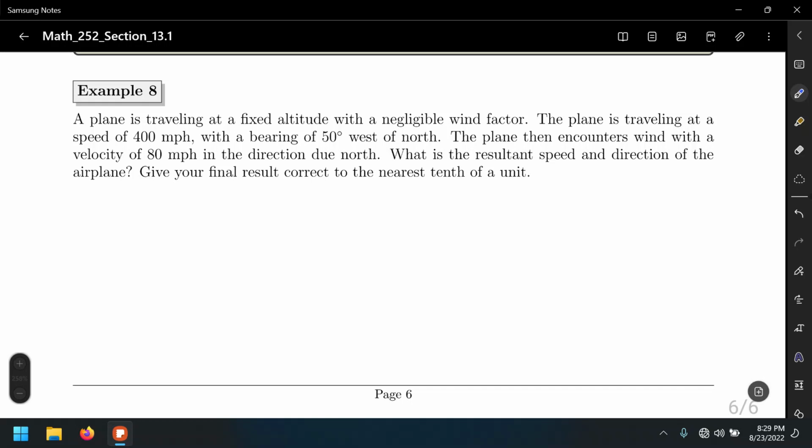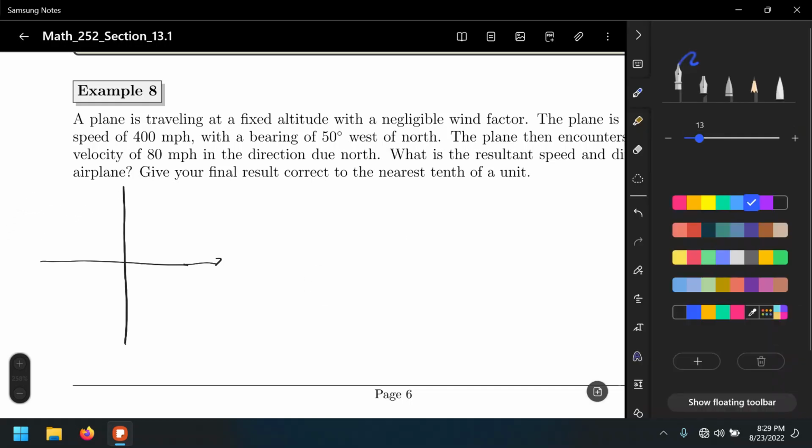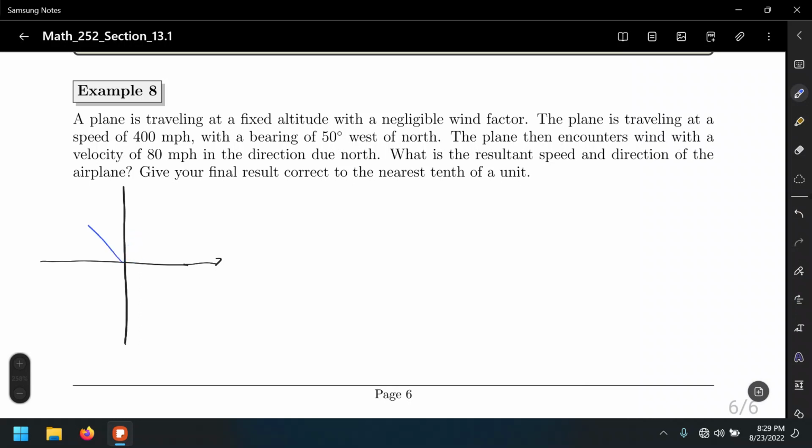So let's draw a diagram of the situation. As usual, a Cartesian plane. The plane is 50 degrees to the west of the north. So we start with the north, and then from here we go 50 degrees. I know this is not relative to the positive x-axis. In this case, it is to the west of the north, right?